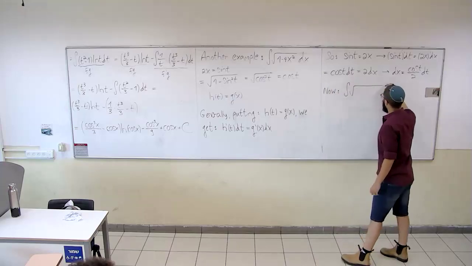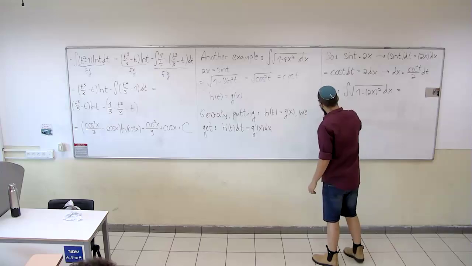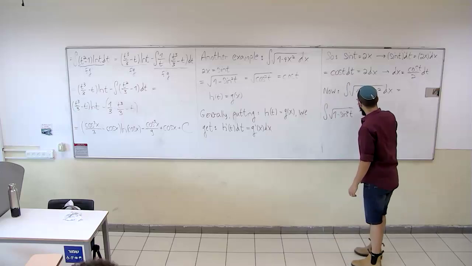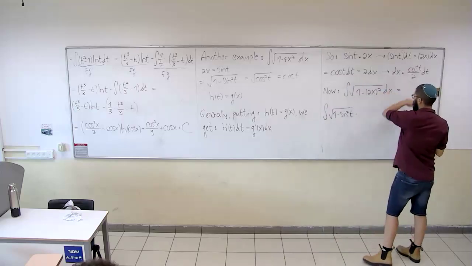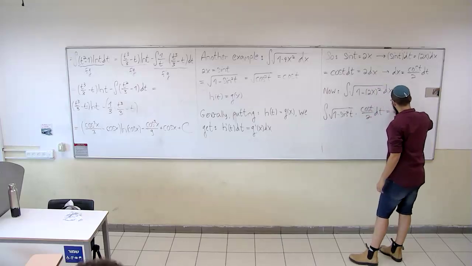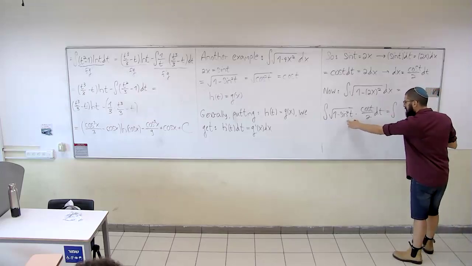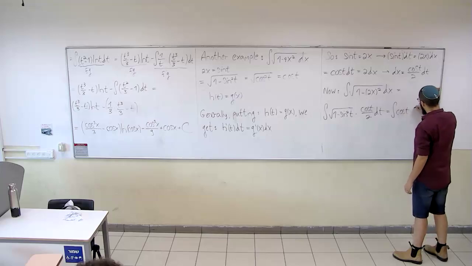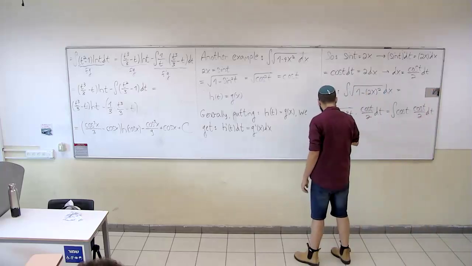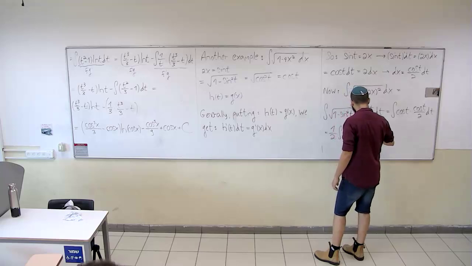The integral of the square root of 1 minus 2x squared dx becomes the integral of the square root of 1 minus sine squared t, and dx becomes cosine t over 2 dt. The square root, written in blue, is just cosine t. And cosine t times cosine t over 2 dt, and we get here cosine squared t over 2 dt.